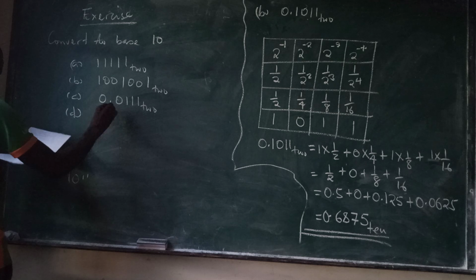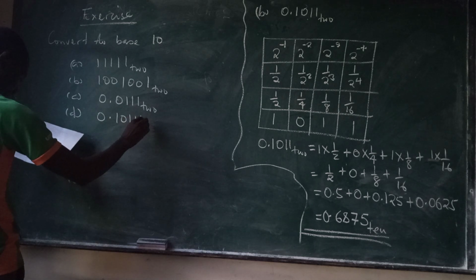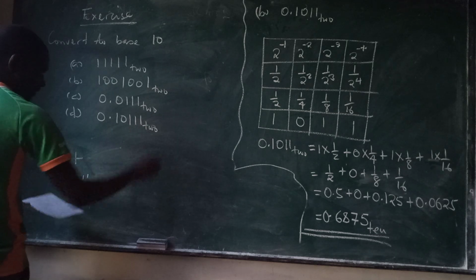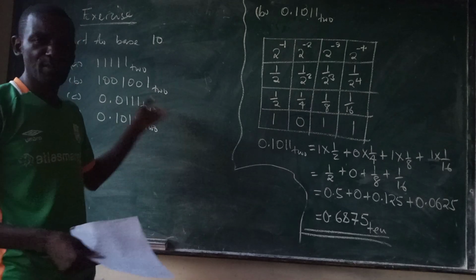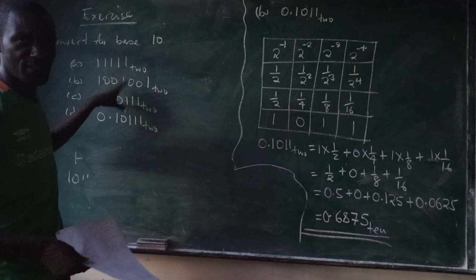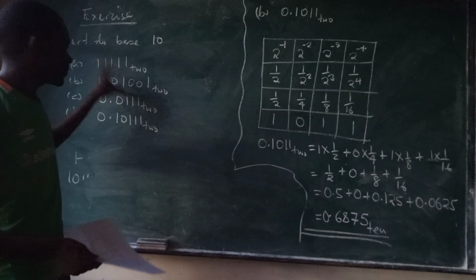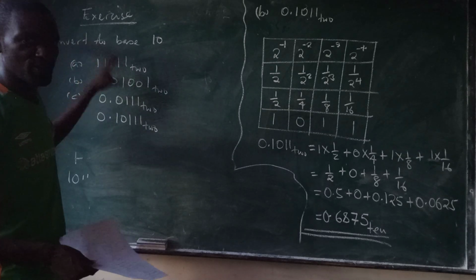Then lastly, you can also look at this one, base 2. So you can try to look at those questions. I'm sure by the time you finish going through as well as attempting these questions, you'll be ready to answer the question that may come on this part.